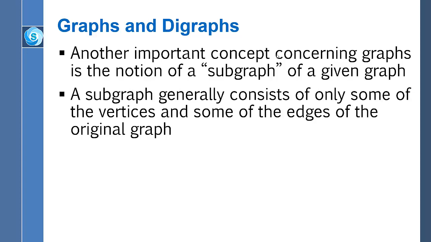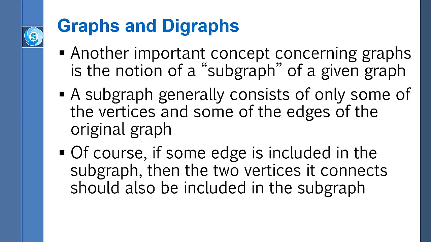But there is a restriction. The edges that you select have to connect vertices that you selected also. As long as you stick to that restriction, you select some of the vertices, you select some of the edges, but you make sure that the edges you select connect selected vertices, then what you have produced is a subgraph of the original graph.